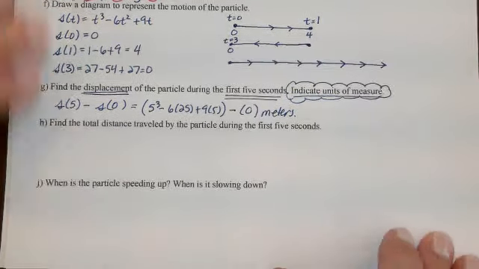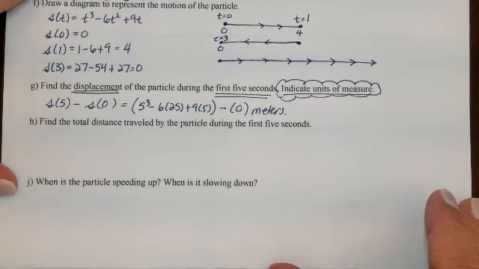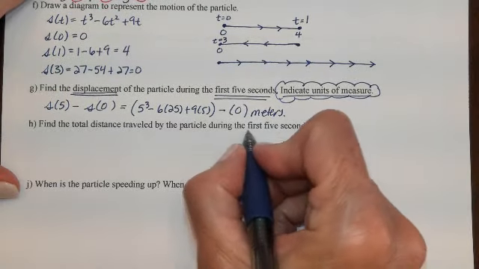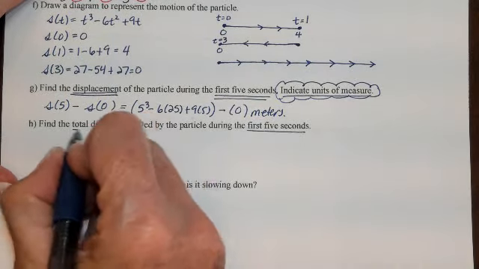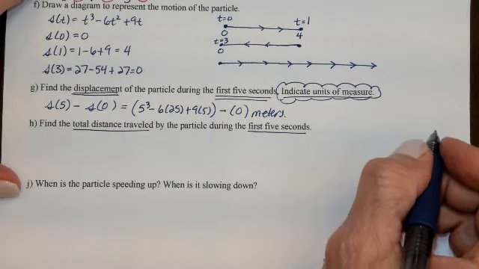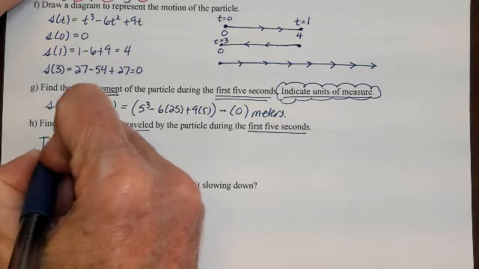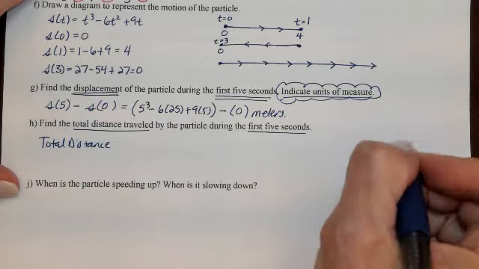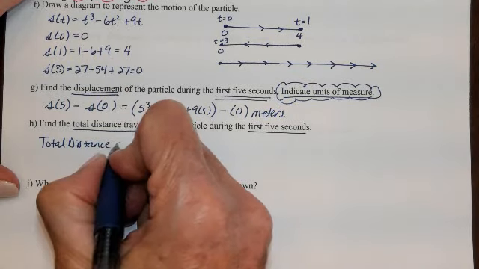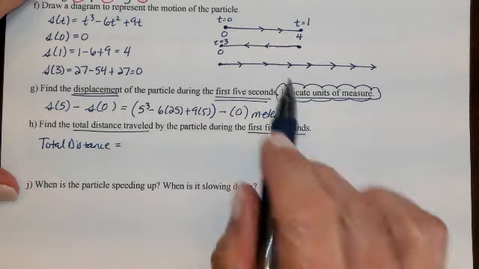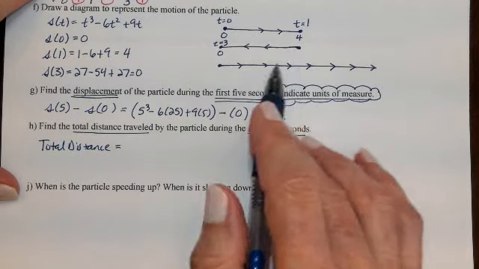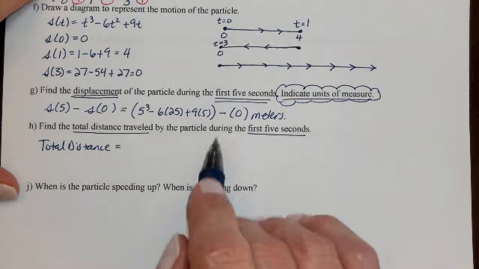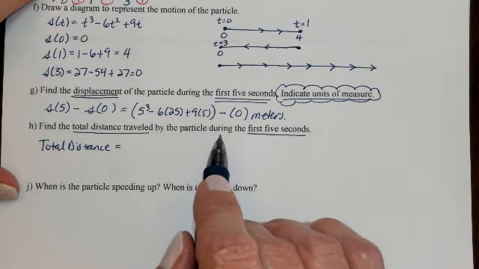Next up in part H, find the total distance traveled by the particle in the first 5 seconds. Total distance traveled. Okay. So, since I made the diagram, I could just go up and look at the diagram and be in pretty good shape here.